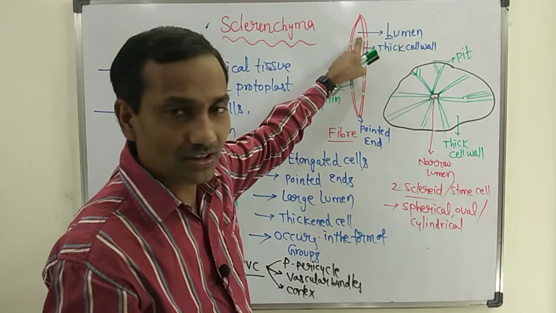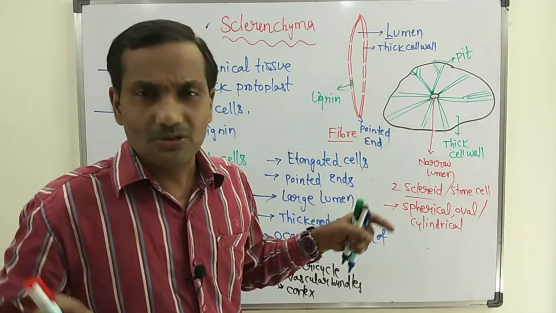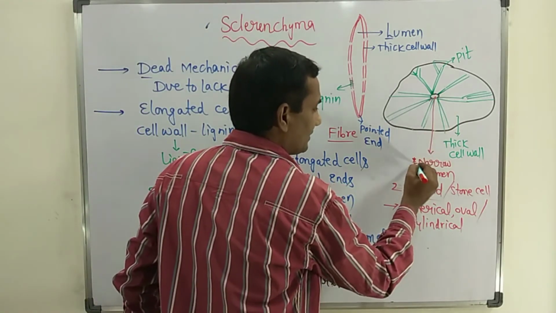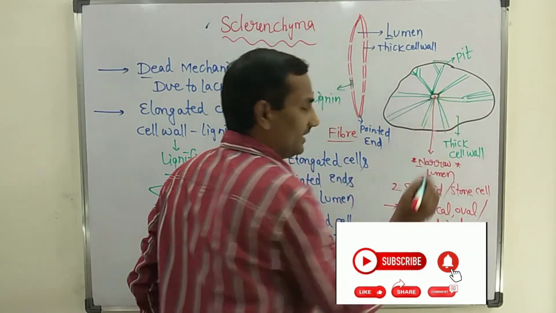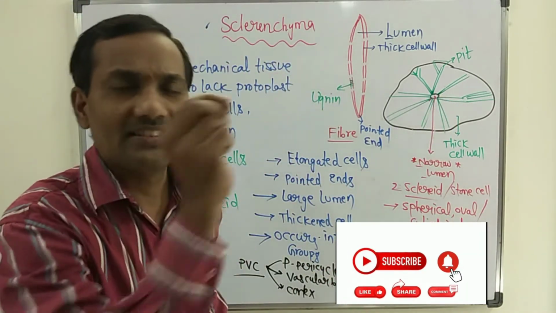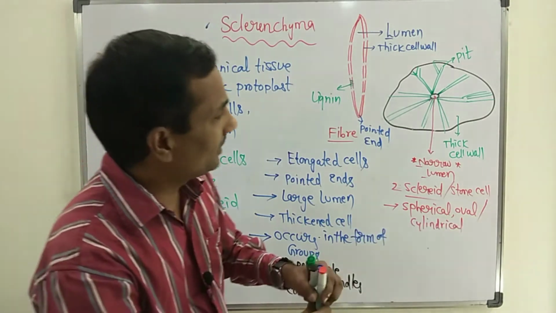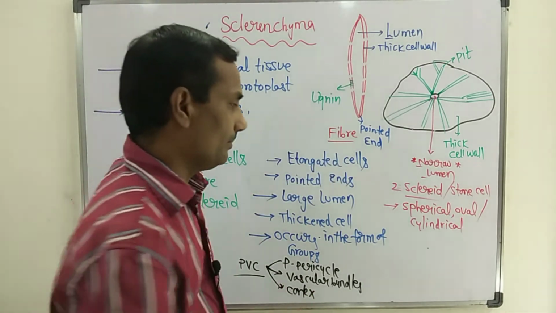Once you observe the fiber lumen, you can find a broad, large lumen, whereas the sclerid has a narrow lumen, with very little empty space. The lumen, the space inside the cell, is very small compared to the fiber.